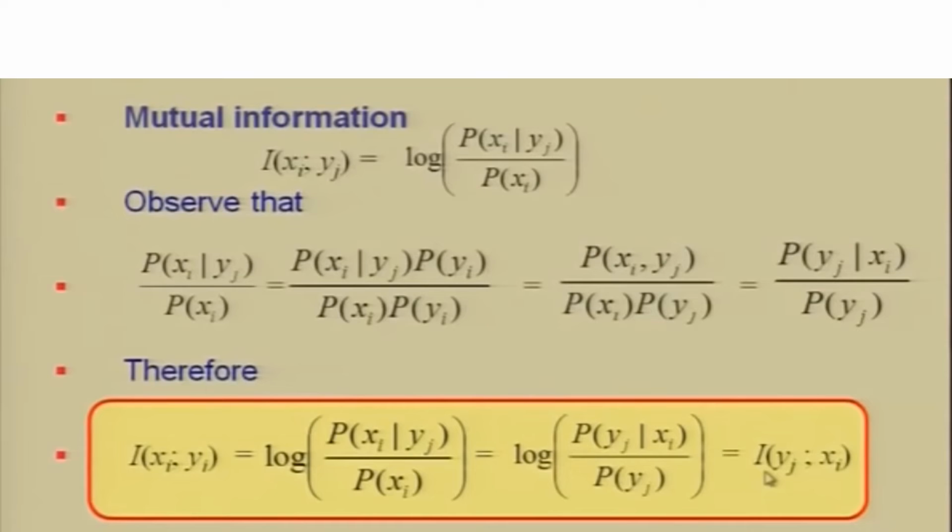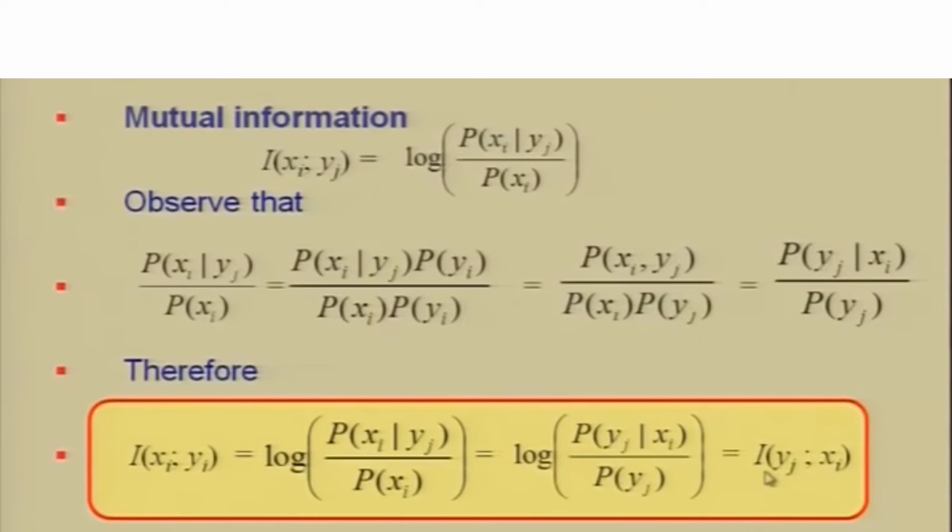Now, one important property of mutual information is that it is symmetric in nature. Let us see how it is symmetric. I(xi, yj) is log of the conditional probability of xi given yj divided by the probability of xi. Taking the right hand side part, we can multiply both numerator and denominator by the probability of yj. This is just a mathematical manipulation.